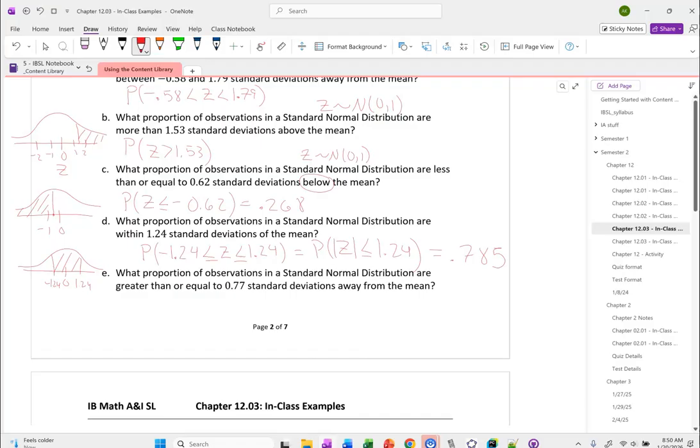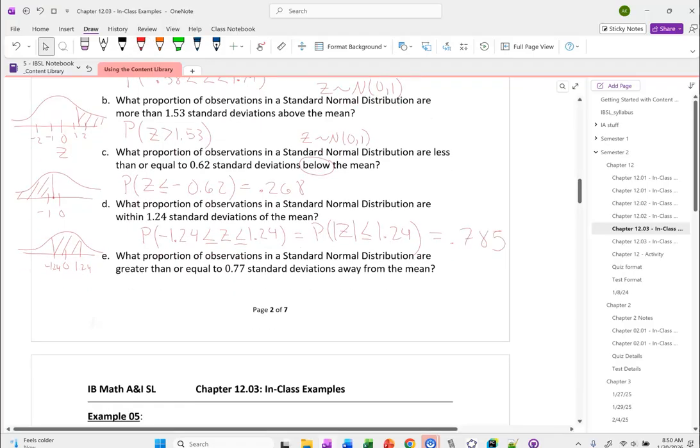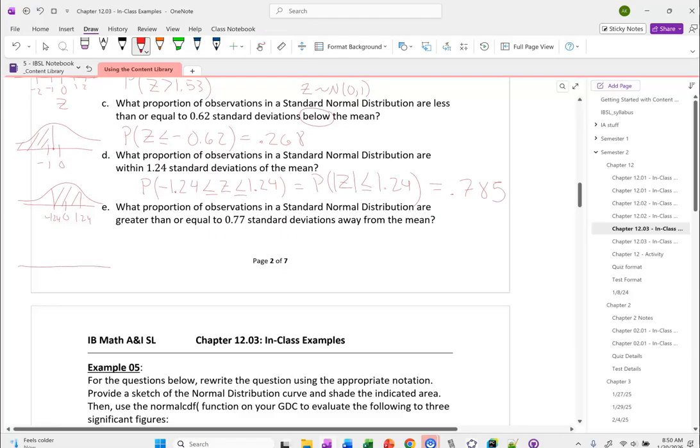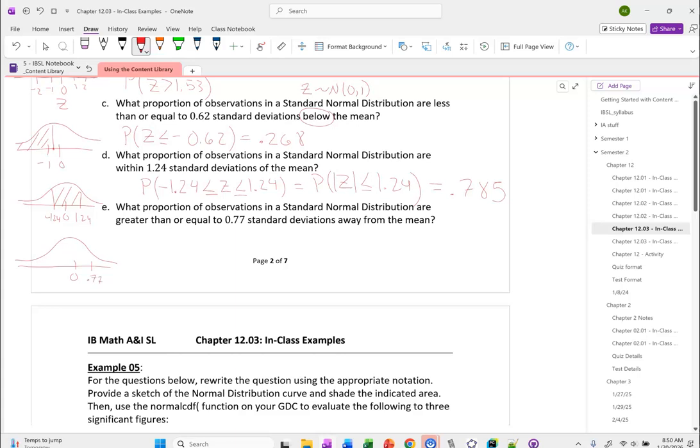E, let's do E. What proportion of observations in a standard normal distribution are greater than or equal to 0.77 standard deviations away from the mean? So that's definitely one of them, right?